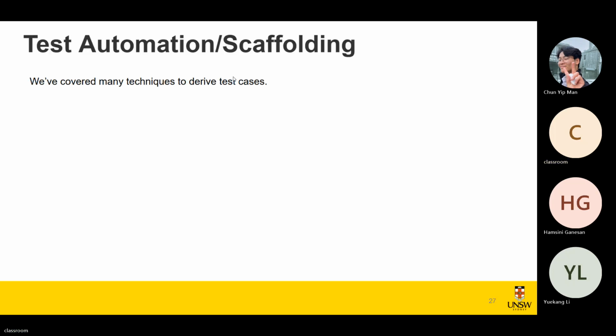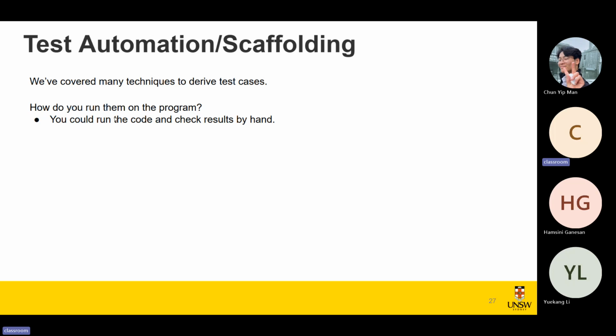By now we have covered many techniques to derive test cases for different targets, right? We learned black box and white box techniques to derive test cases, and how to identify different targets for testing. But we have the targets and the test cases, so how do we run them?